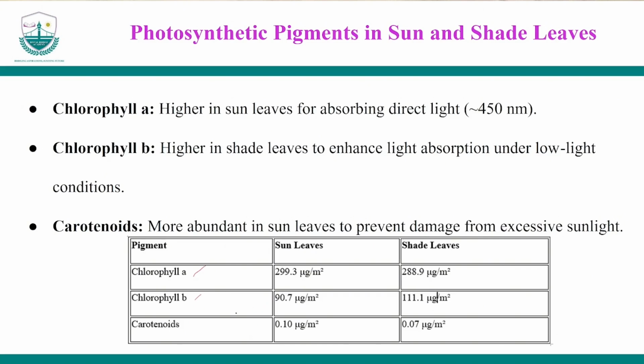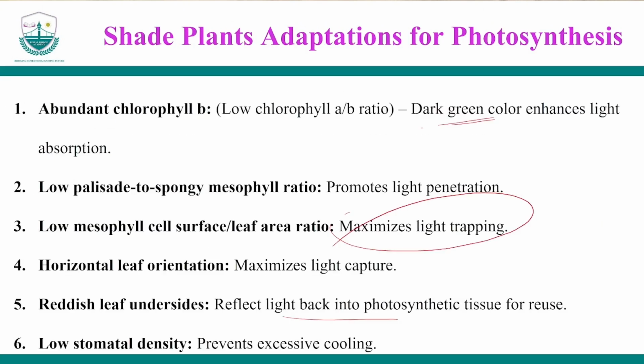In terms of concentration, how much do we have per unit area in the different plants? We say that plants that are under the shade basically have more of, we'll check here, what did we say? Shade plants have more of chlorophyll B.